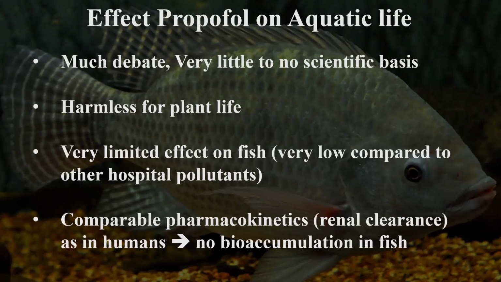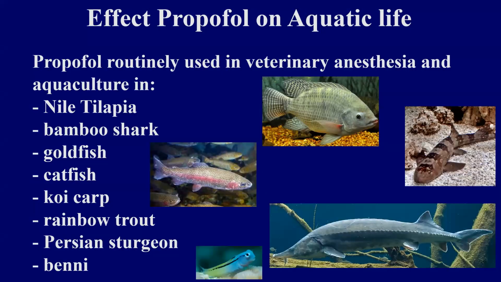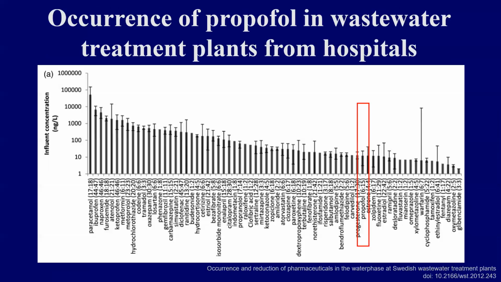So also all higher organisms like fish and reptiles have renal clearance, and therefore there is no bioaccumulation in fish, just as in humans. As a matter of fact, propofol is routinely used in veterinary anesthesia and in aquaculture in many fish, of which I show some here. So since veterinarians use it routinely, this is another reason not to be too scared of it.